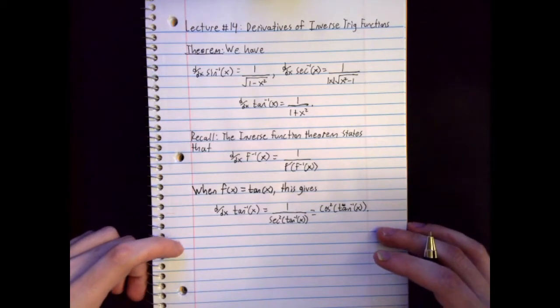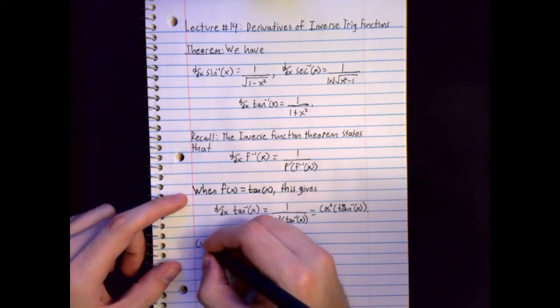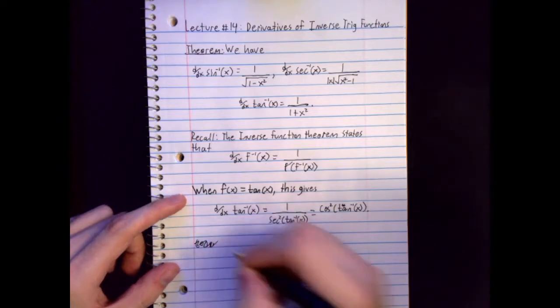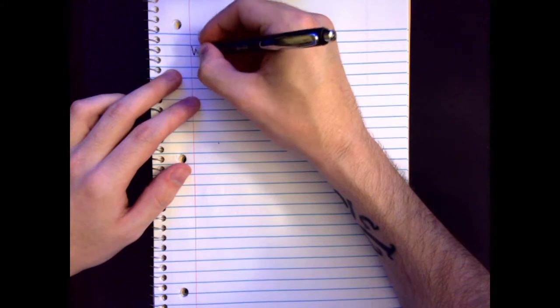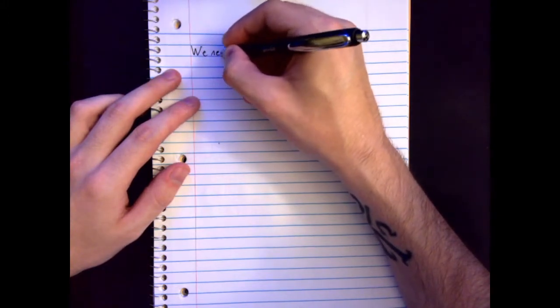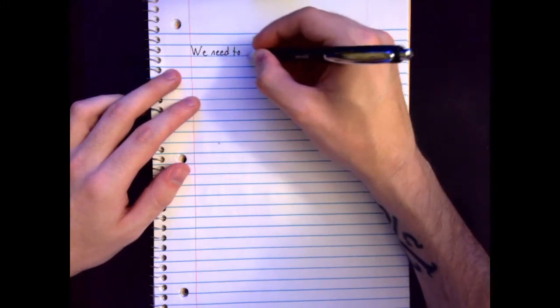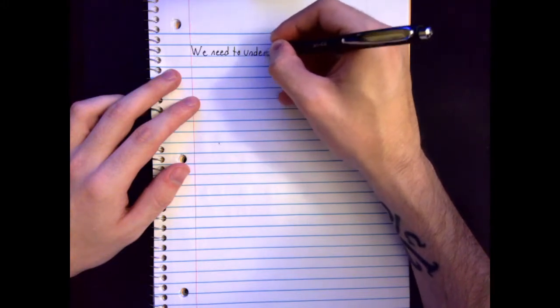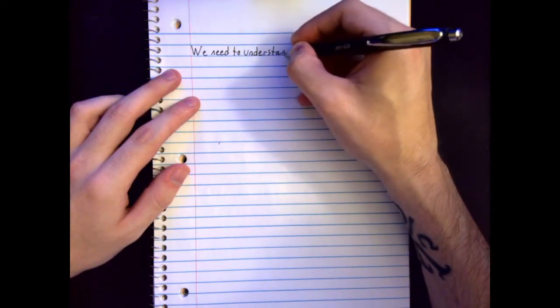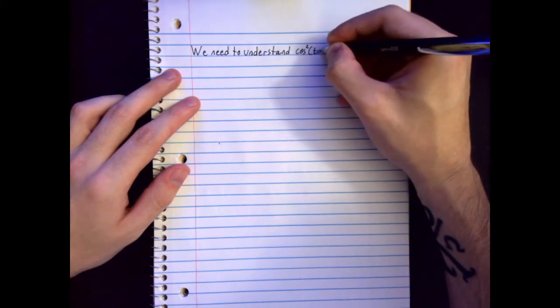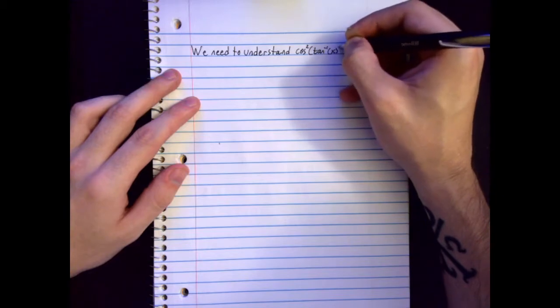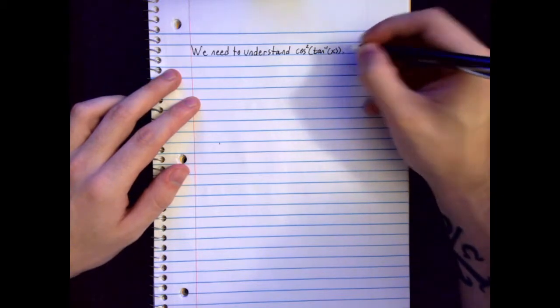Okay, so consider, and actually I'm going to do this on another page because our analysis is going to be somewhat lengthy. So we need to understand cosine squared of tangent inverse of x, whatever this quantity happens to be.